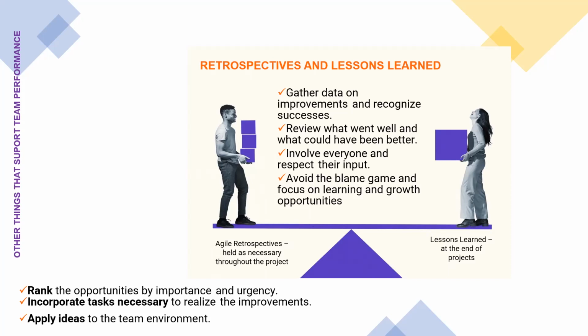The knowledge, the insight, the experience that you've garnered from these lessons learned during retrospection or at the end of a predictive project, all of these will come in handy in supporting the team's performance.